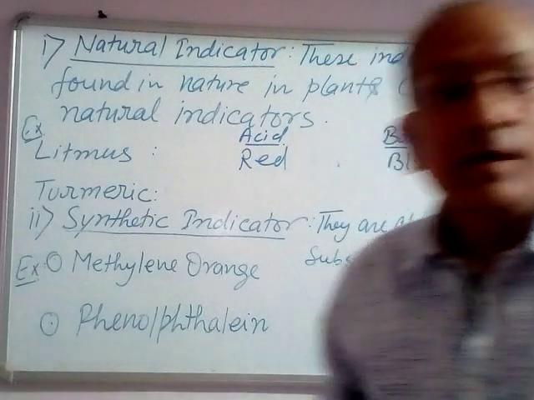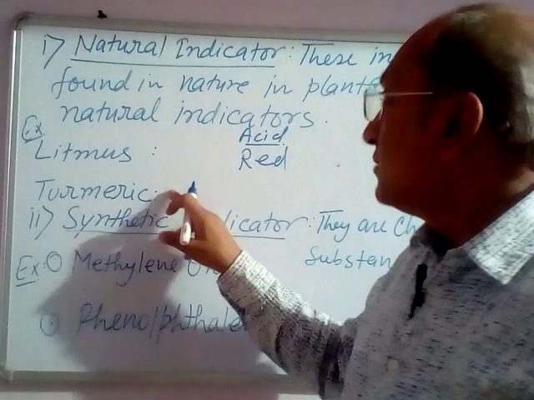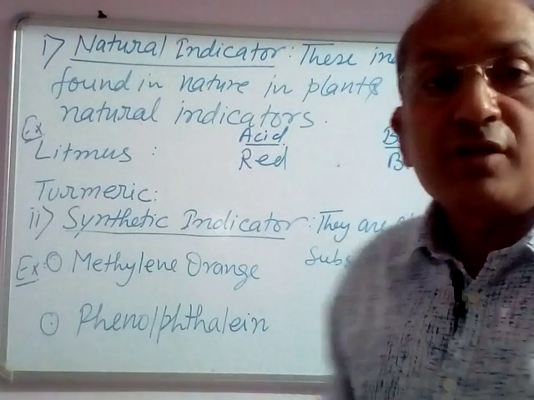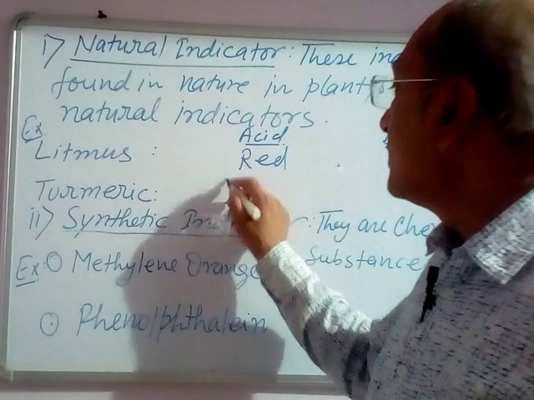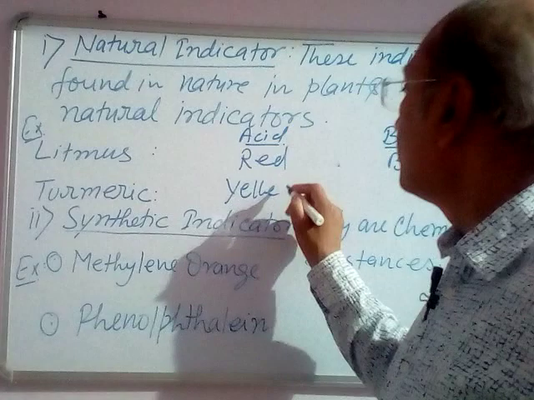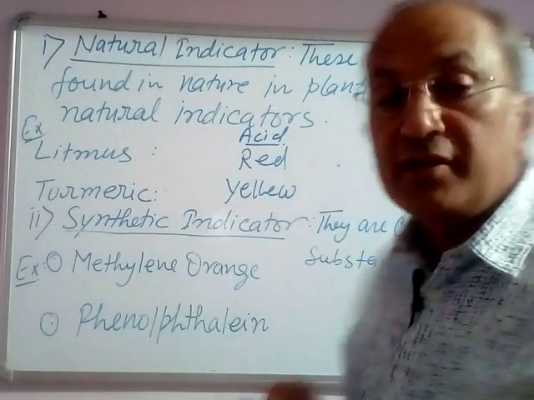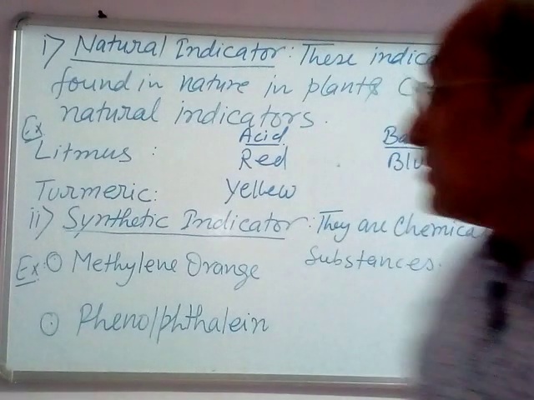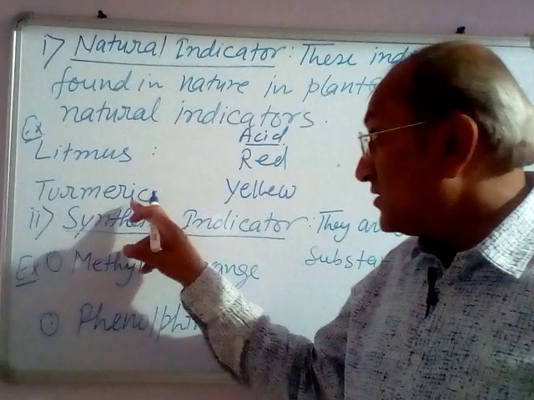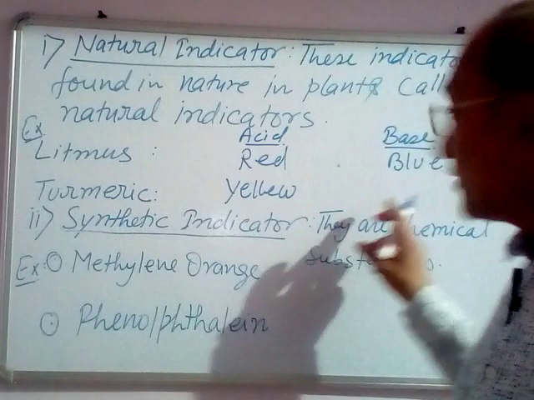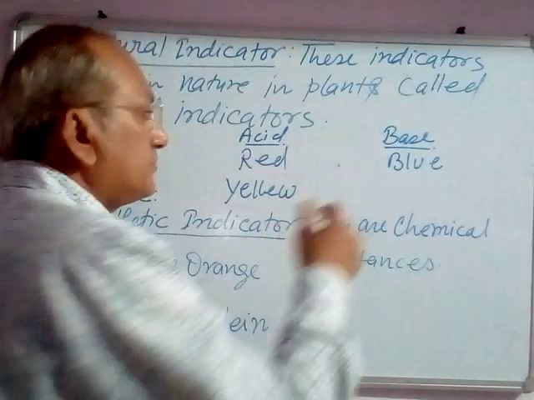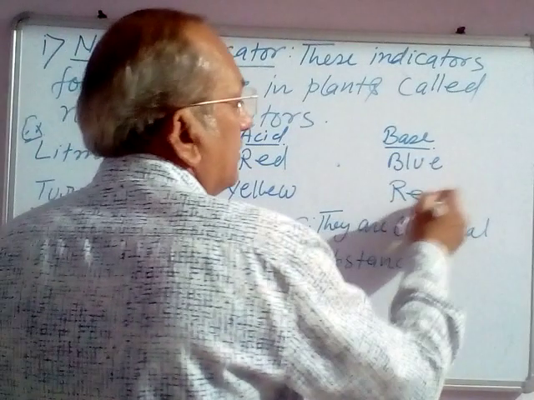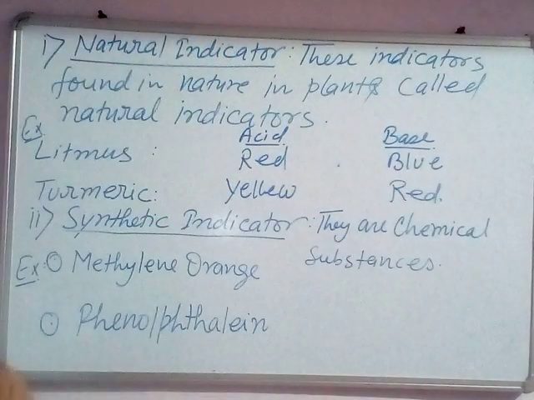Turmeric, haldi: when turmeric comes into contact with acid, there is no effect, that means it stays yellow, its natural color. But when turmeric comes into contact with a base, it turns red in color.